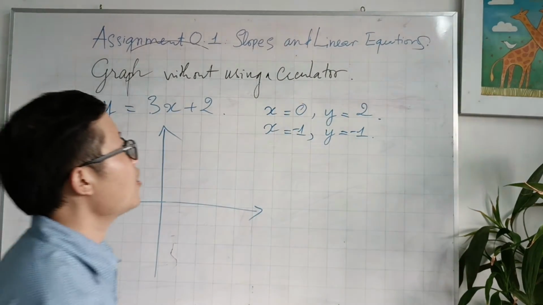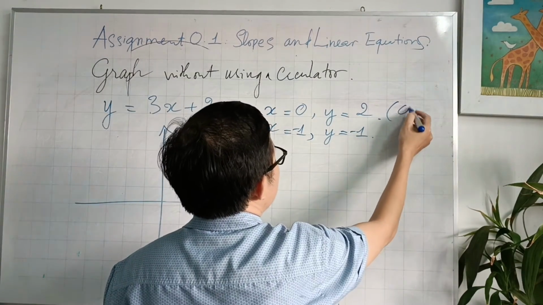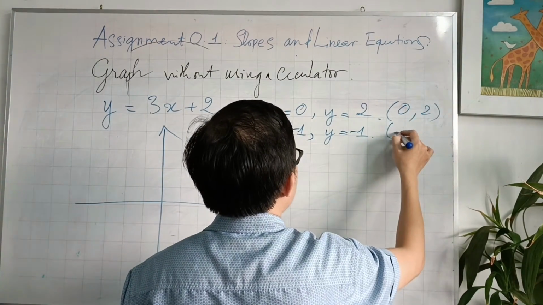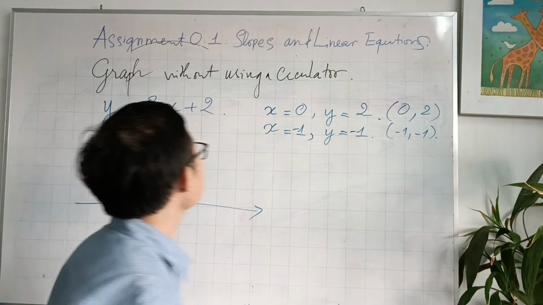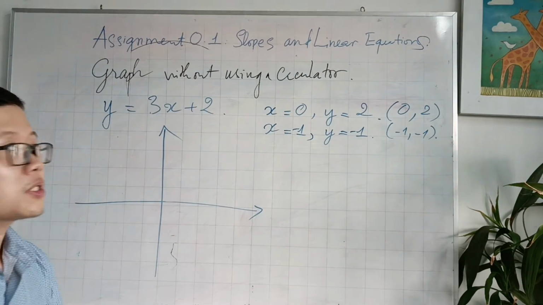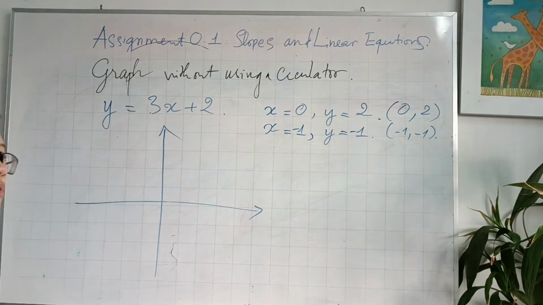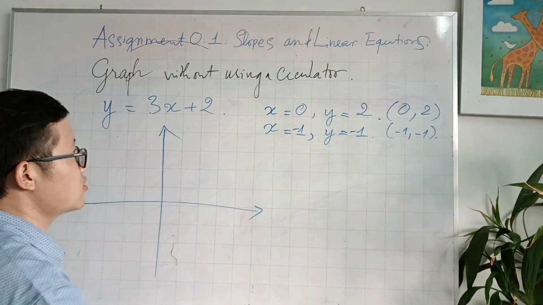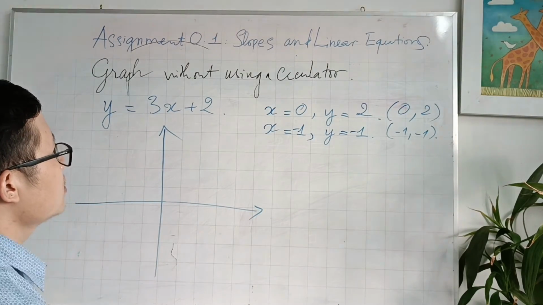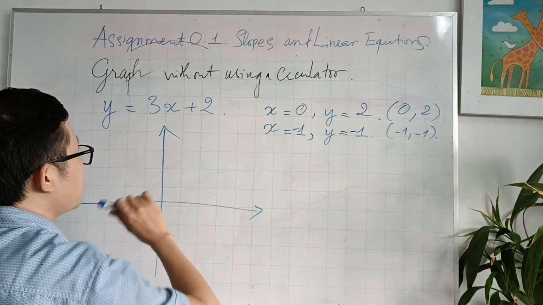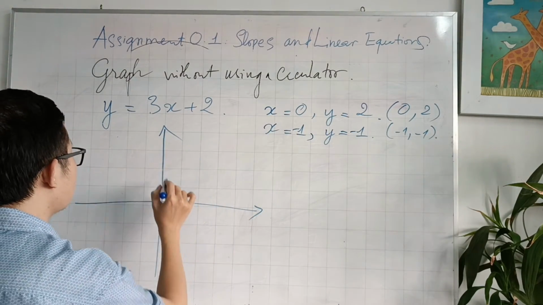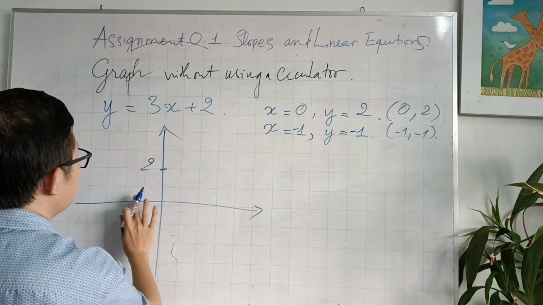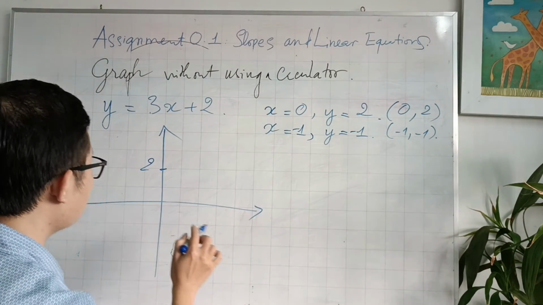So you have 2 points, (0, 2) and (-1, -1). When you sketch a line, you only need 2 points, so you sketch the line through the first point (0, 2) and the second point (-1, -1).